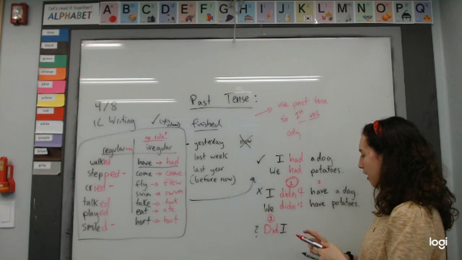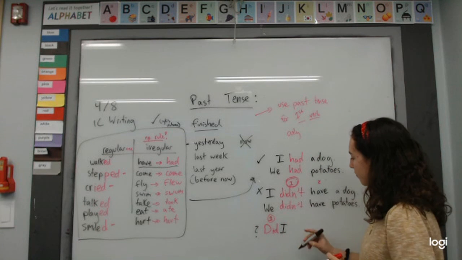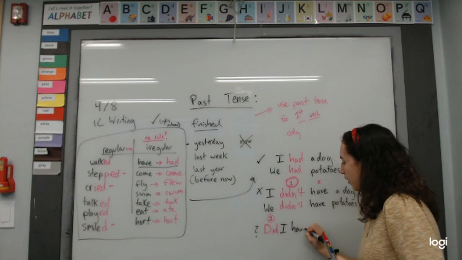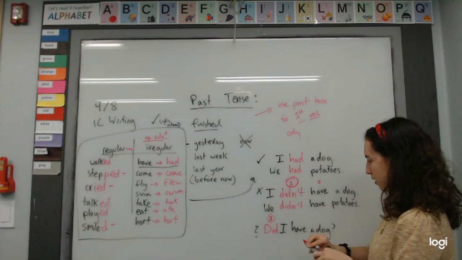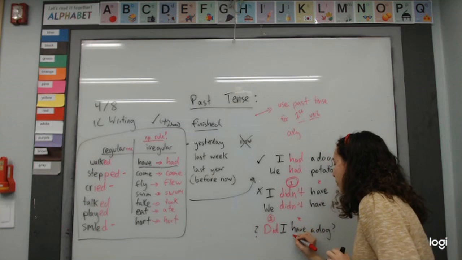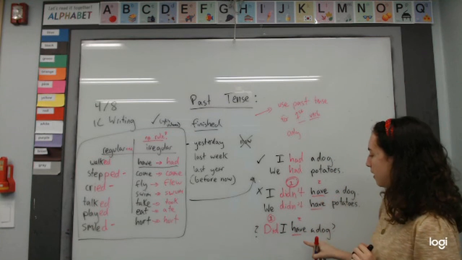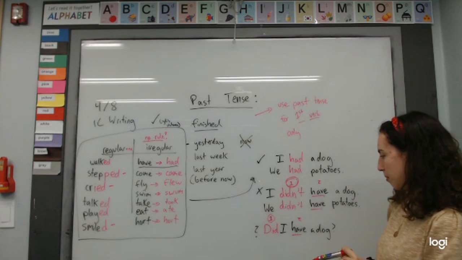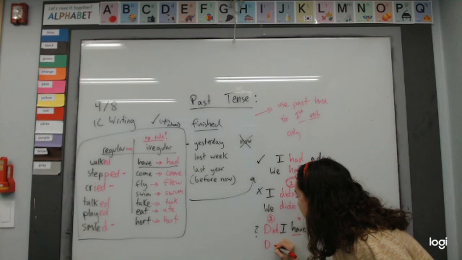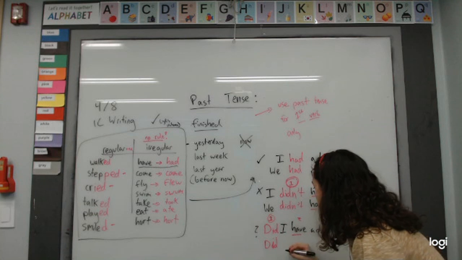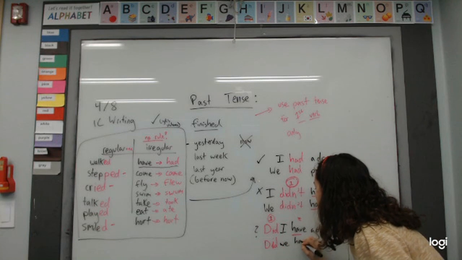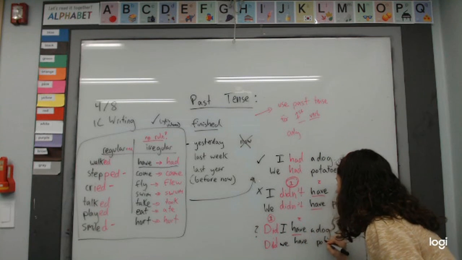So, did I have a dog? This second word, we don't change to past tense because it is the second verb. And the same thing here. Did we have potatoes?